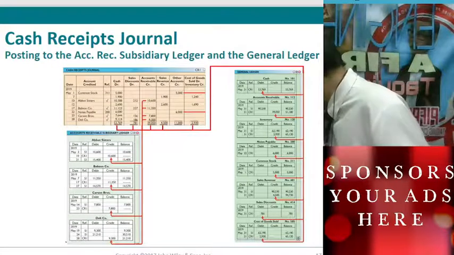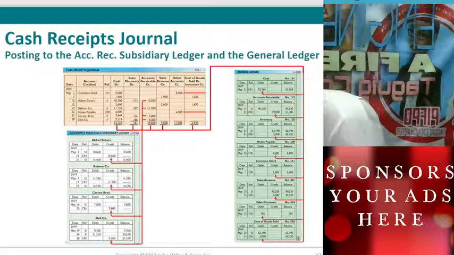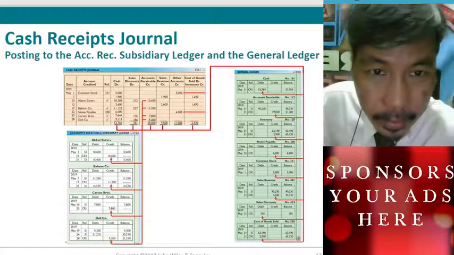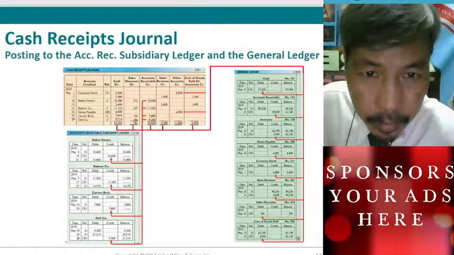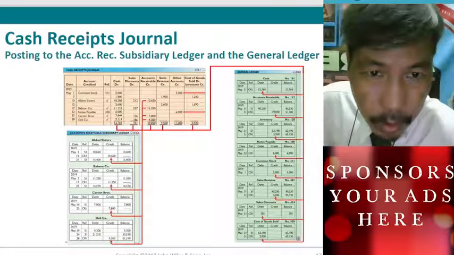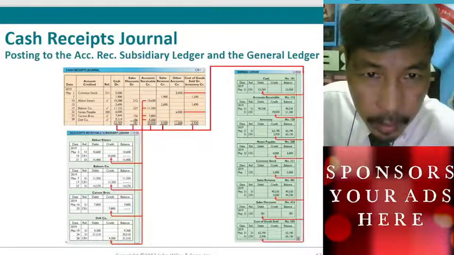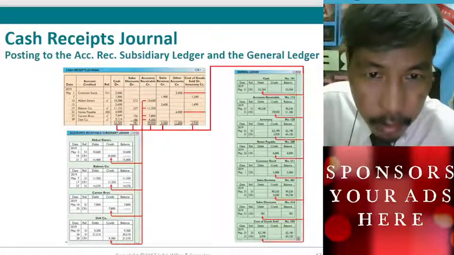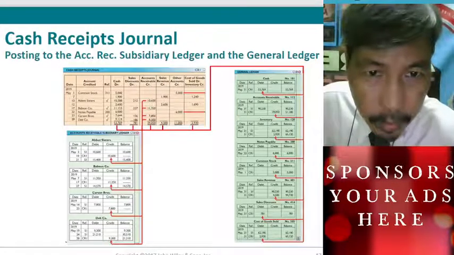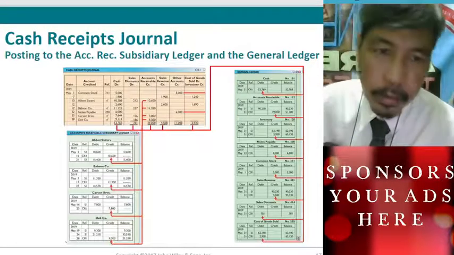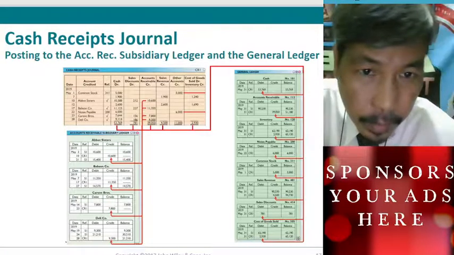There are plenty of accounts involved there in accounts receivable. There are four companies: Bobson, 11,000; Carson, 7,800; and Daily Corporation, 9,300, with a total of 39,000.